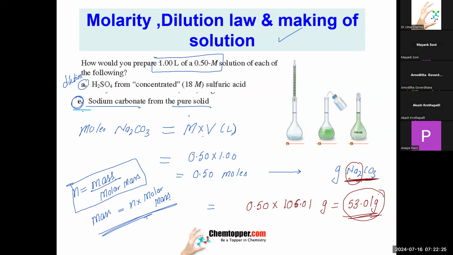Reach up to this level, very close to this mark. Use a dropper. With the help of the dropper, now start adding water drop by drop. Your eye should be at the level of this mark. Once the water touches this meniscus, stop adding water, shake it properly, close it, and your standard solution is made. Standard solution. What's the meaning of standard solution, children? Yes, Mayank, very good.